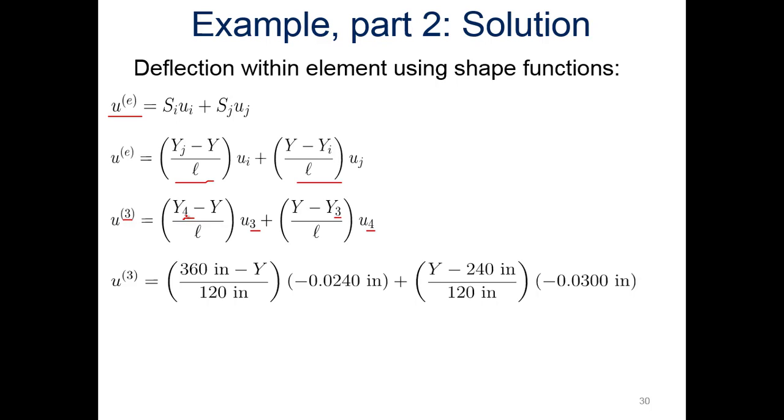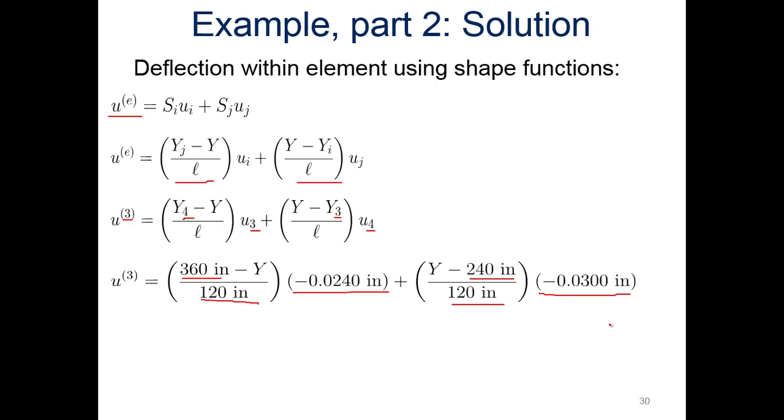It's 360 inches to get to node 4, 240 inches to get to node 3. Again, we have the length of our elements here, 120 inches. And the deflections, these are what we saw in the previous problem. So the deflection at node 3 is negative 0.024, and the deflection at node 4 is negative 0.03 inches.